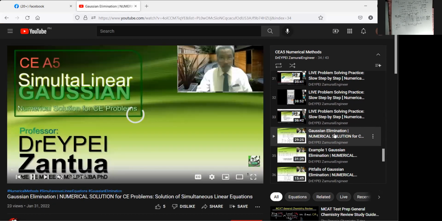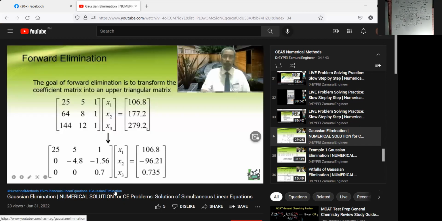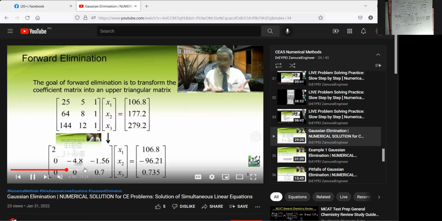So let us go to chapter 3, which is Gaussian Elimination, about simultaneous linear equations. We already explained this, no? But okay, let us explain another problem.